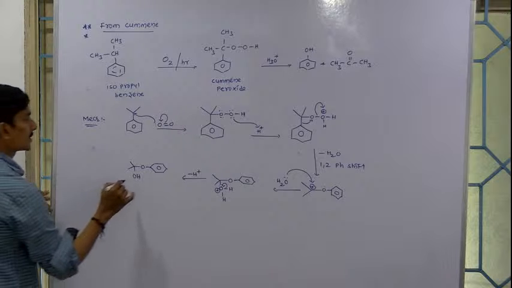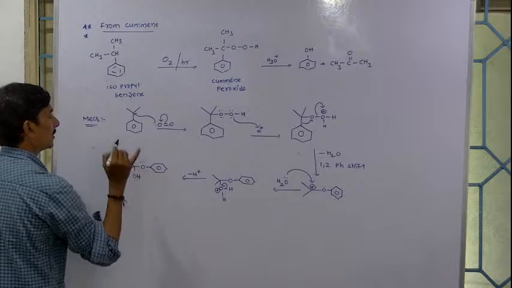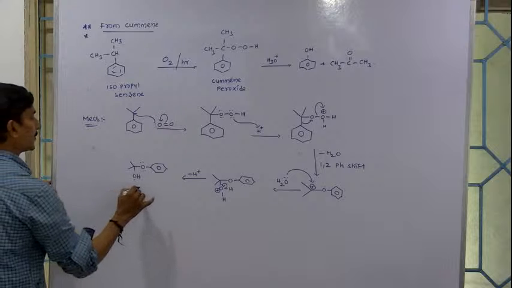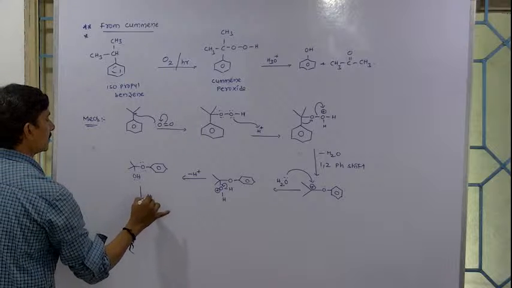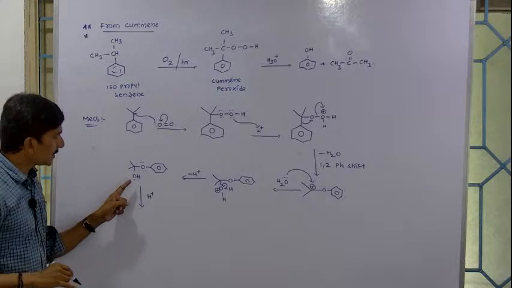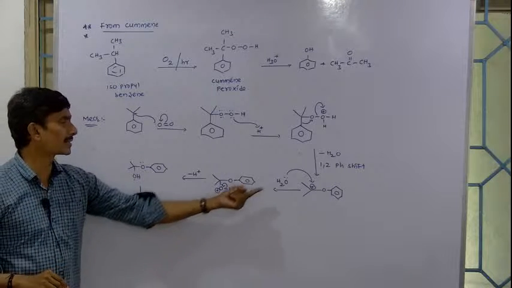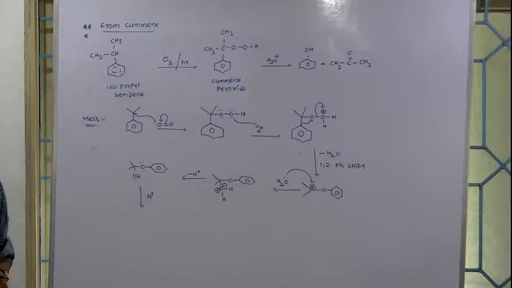Now these two oxygens are available for protonation. If it is treated with H plus ion, for example, if this oxygen atom gets protonated, it again forms a water molecule removed to form a carbocation.